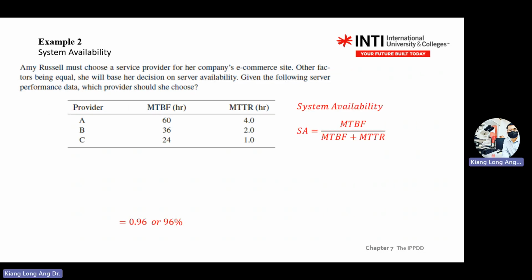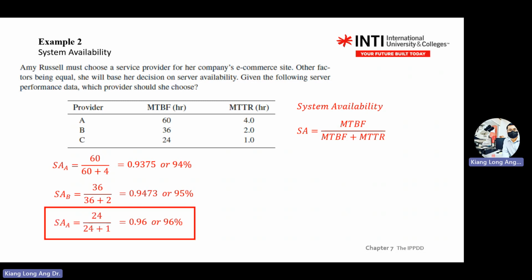Okay, so SA equals MTBF divided by the total of MTBF plus MTTR. First one, you get 94%. Second one, you get 95%. Third one, you get 96%. In this case, you choose supplier C, because the system availability is 96%.